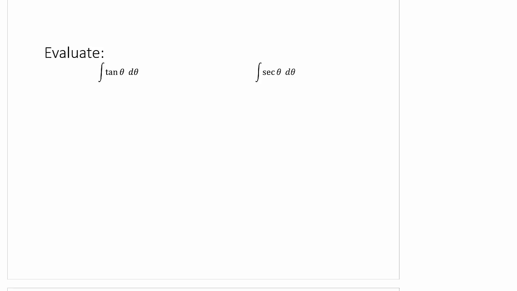Well, it's not obvious, but what I remember from trigonometry is that I can think of the tangent of theta as the sine of theta over the cosine of theta. And I still have that d theta. Now I'm going to make a substitution for the cosine.